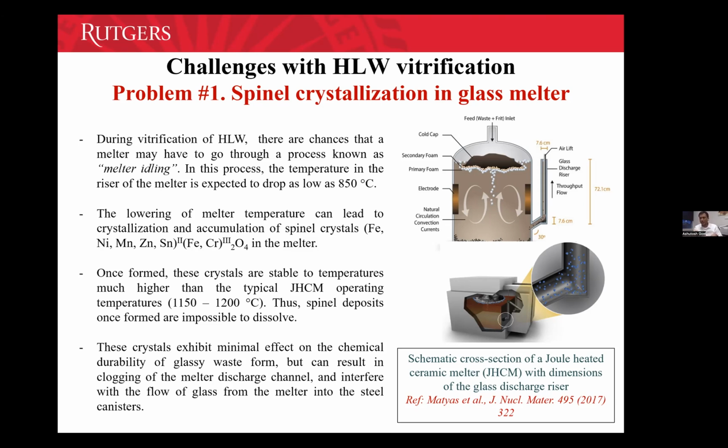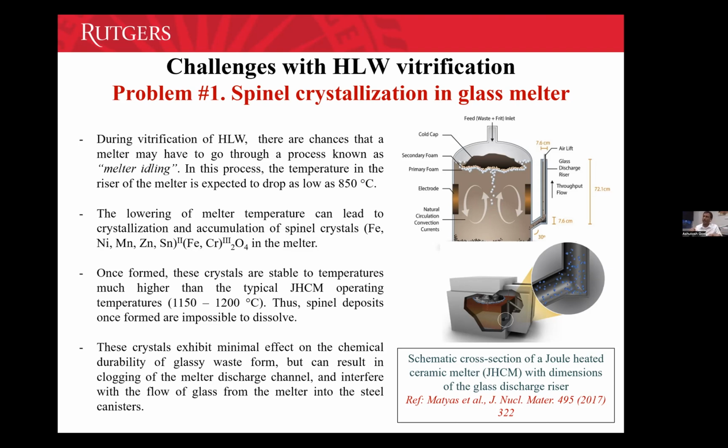So what happens in this case, when melter idling is taking place, is that there is a term called liquidus temperature, which I hope you know. At least the senior year students should know what liquidus temperature is. You must have studied phase diagrams in chemistry. So when the melt comes below liquidus temperature, crystals start to form in the melt.